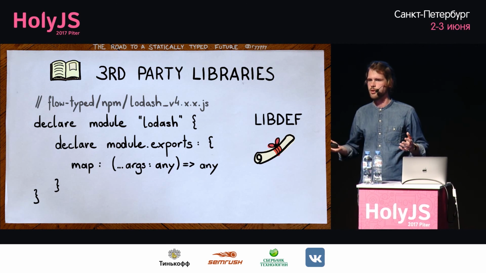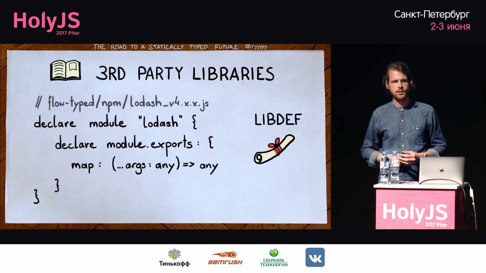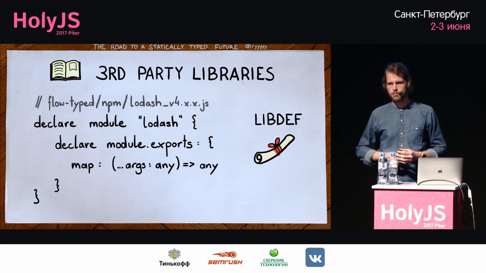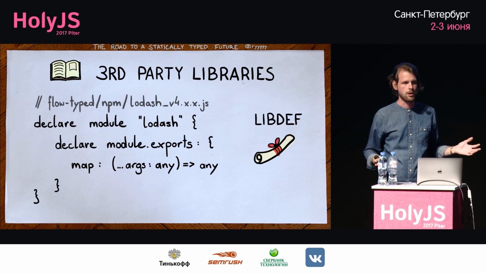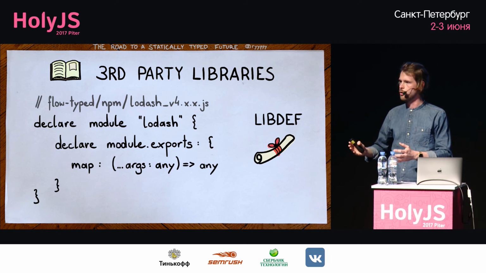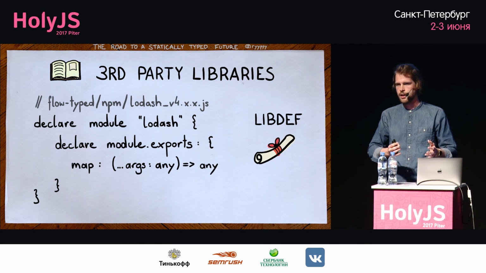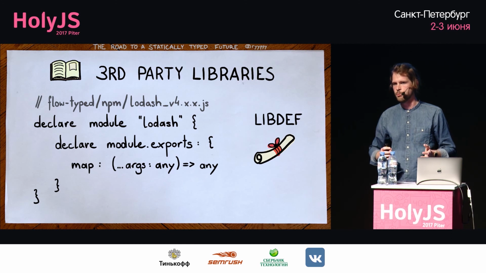Sometimes it's also not even possible because some libraries are not designed with static types in mind. So the whole point why I'm talking about Flow so rigorously is that I want you to know library definition writers and TypeScript definition writers have a much, much easier time typing your libraries if you think about types. If you write too much side-effectual code, it's very hard to type. And then in the end, you have a very bad user experience.